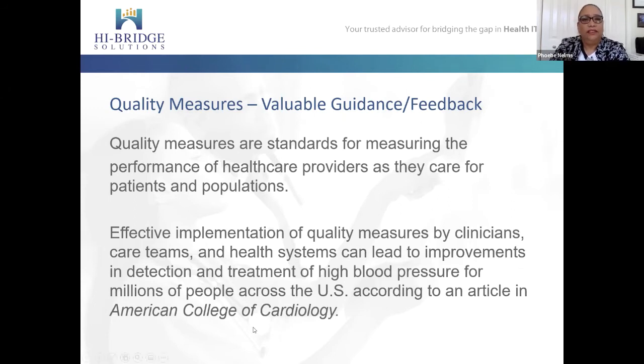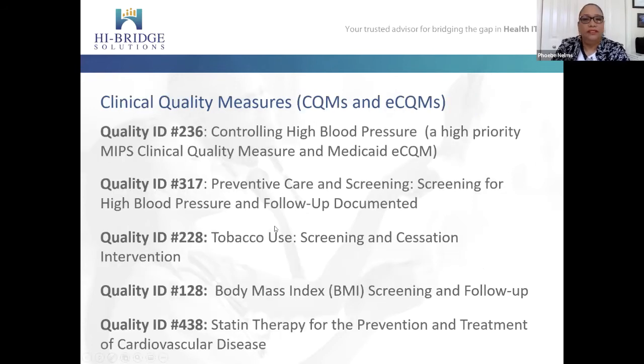As Selena brought to our attention, the managing of hypertension can be a powerful lever to improving health outcomes for our populations, because it is the predecessor to so many other health injuries. If we move on to our next slide, we'll see just a few of the quality measures.